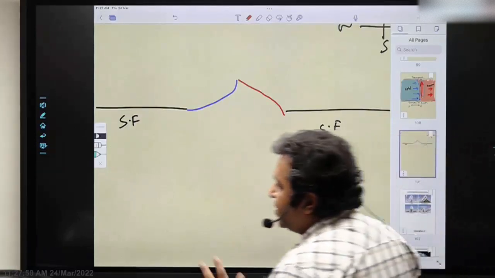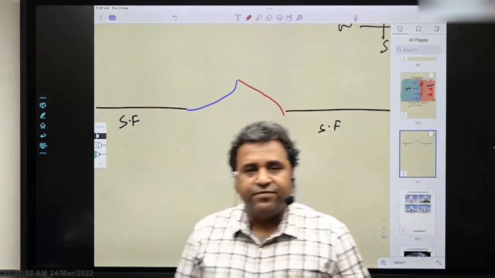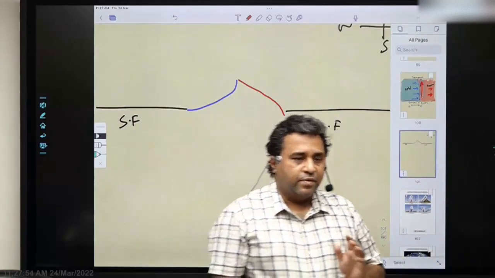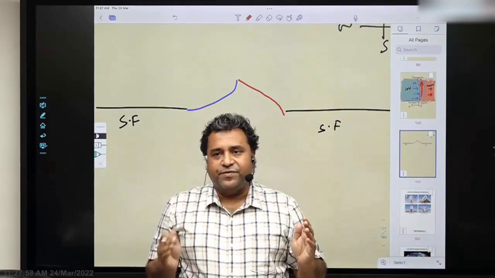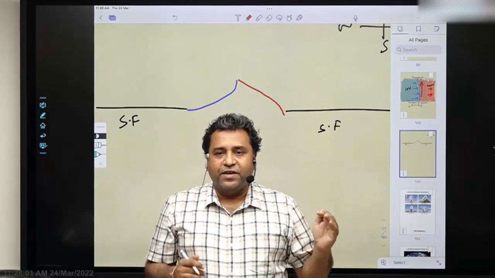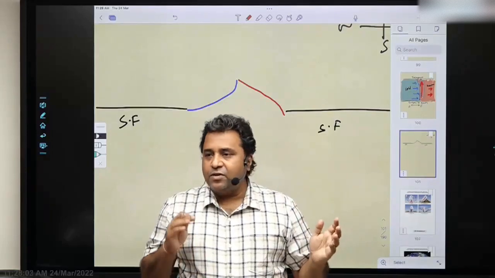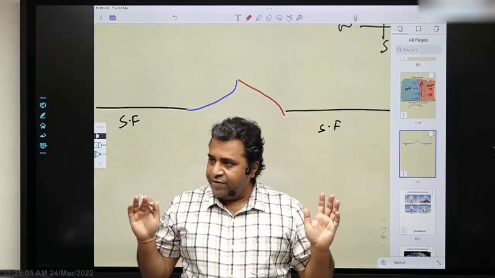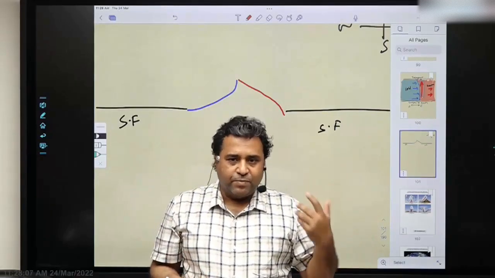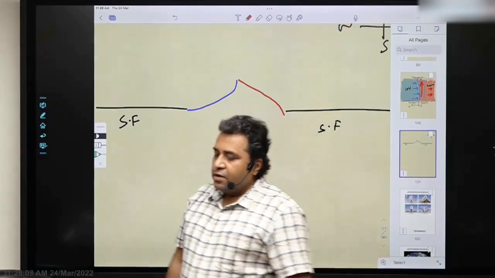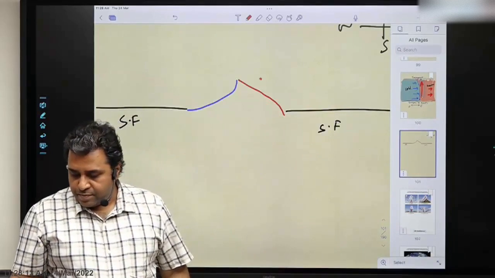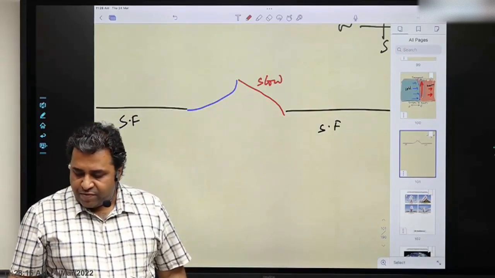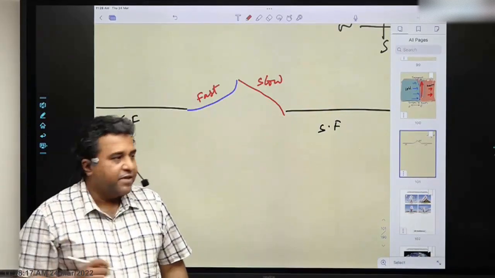Second, which front is eastern one and which front is western one in general? अभी तक आपने जो पढ़ा है, which one is on the east side and which one is on the west side? Warm front is on the east side and the cold front is on the west side. Do we agree? And why? You understand why? वो सब logics हम देख चुके हैं. ठीक है? So you can say that this front will move slow and this one will move fast. Everyone agrees?